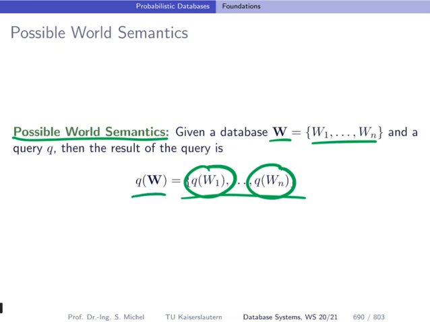That's not really what you want to have in the end, because you would like to see tuples associated with probabilities, but this is at least a start to this problem. What does it mean to execute queries on uncertain databases? Here you have the possible world semantics.